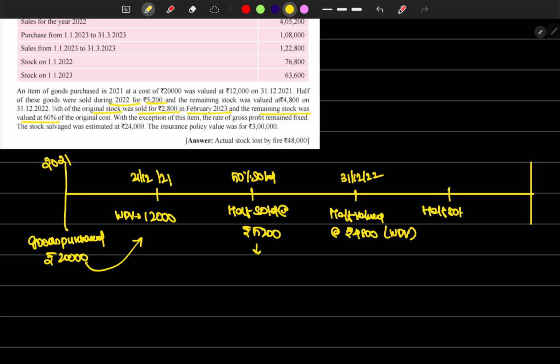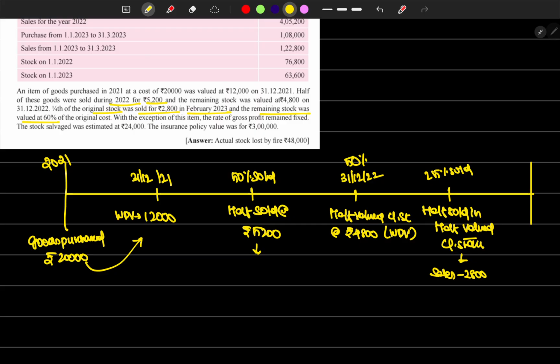Of the valued closing stock, in this valued closing stock, half has been sold, which amounted to rupees 2,800. 25% sold.